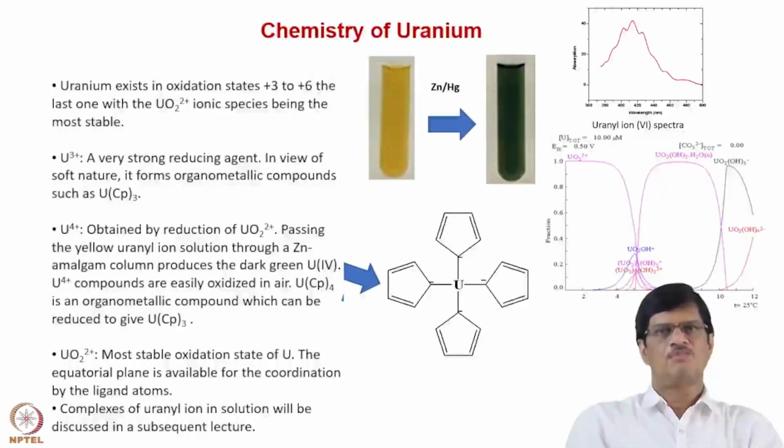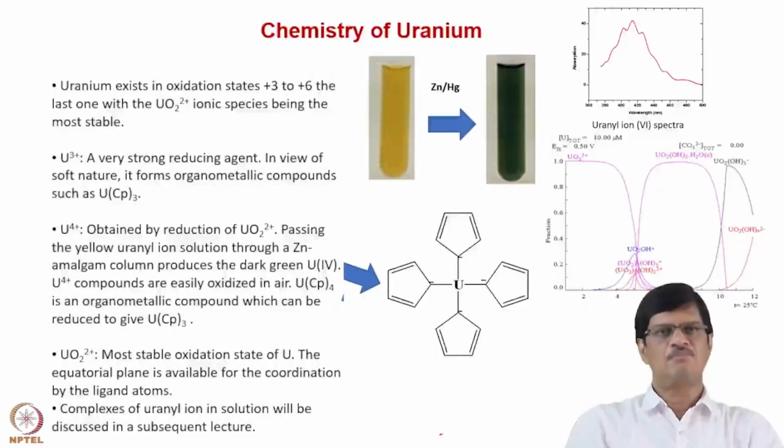Now this uranium 4+ also forms a cyclopentadienyl complex, and the structure is given here, where you have 4 cyclopentadienyl ligands coordinating to the uranium +4 species, and this can be reduced to give UCp3, the cyclopentadienyl complex of the uranium +3 oxidation state. These organometallic compounds are very unstable in air, and you have to take special precautions to preserve them.